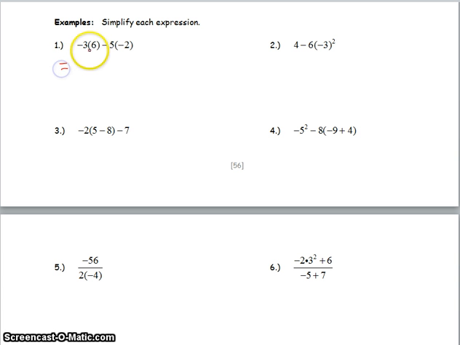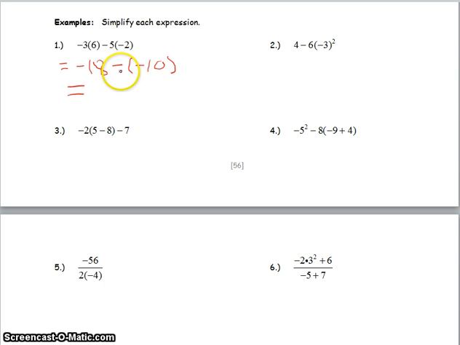We have -3 times 6, which is -18, minus. We have a minus we brought down, and 5 times -2, which would give us -10. Next, we have -18 minus a -10.